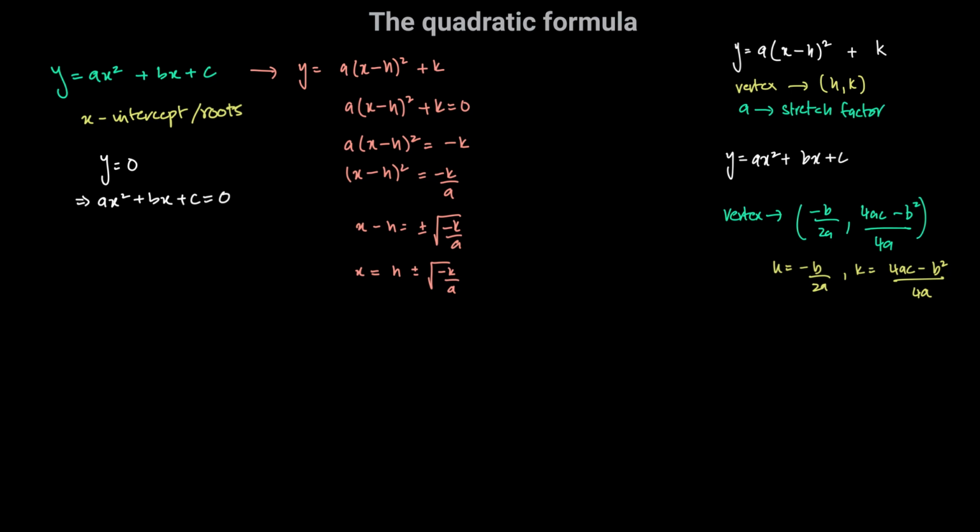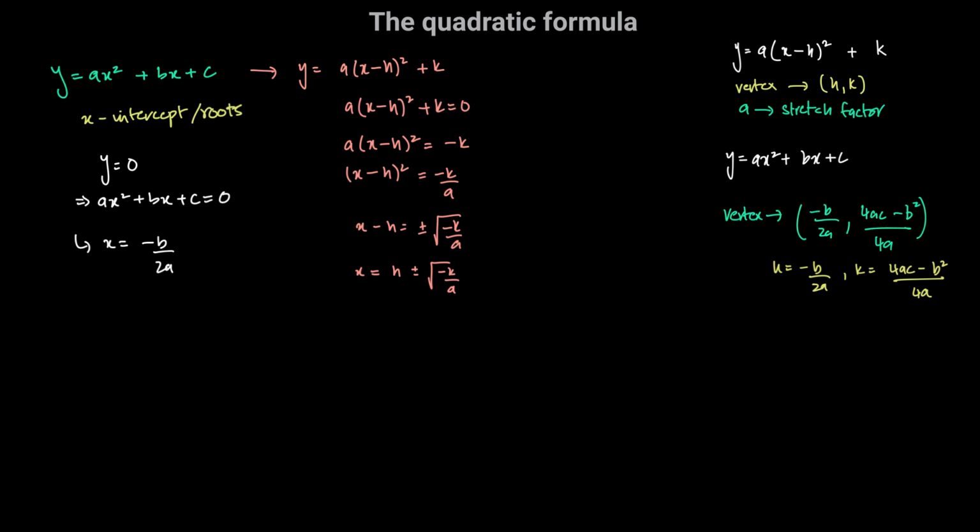So if we do that over here, if we're solving this equation ax squared plus bx plus c, we can say that the values of the x-intercepts are equal to h plus or minus the square root of negative k over a, and h can simply be written as, that's the x-coordinate of the vertex, negative b divided by 2a, plus or minus the square root of negative k over a.